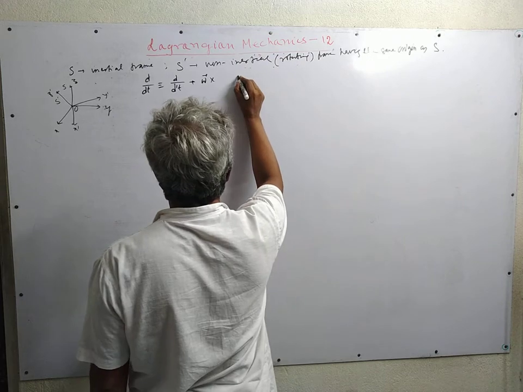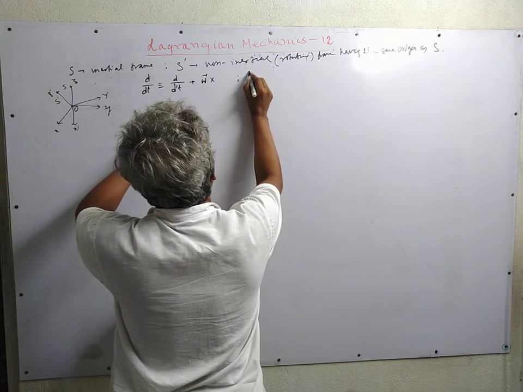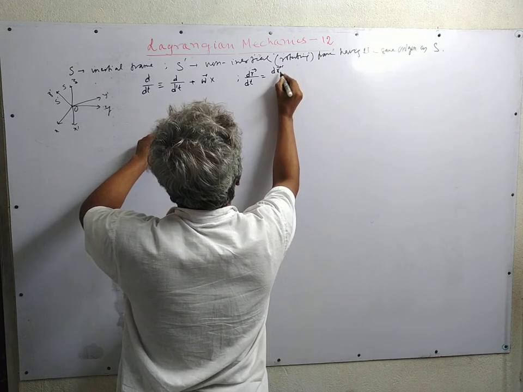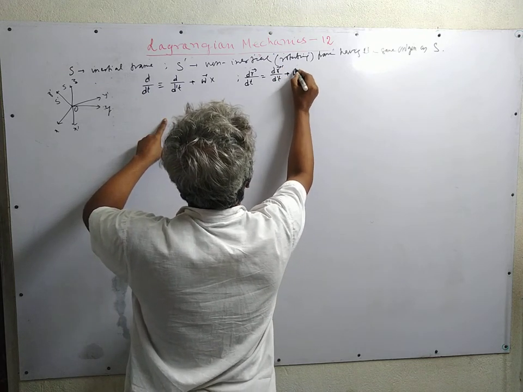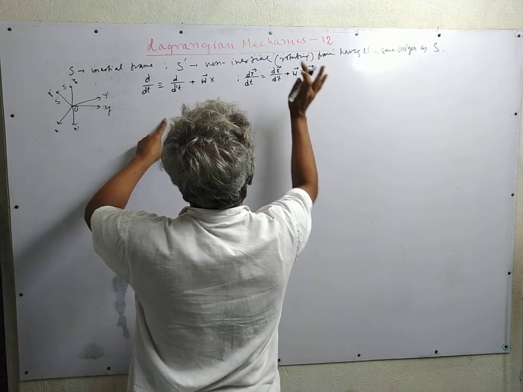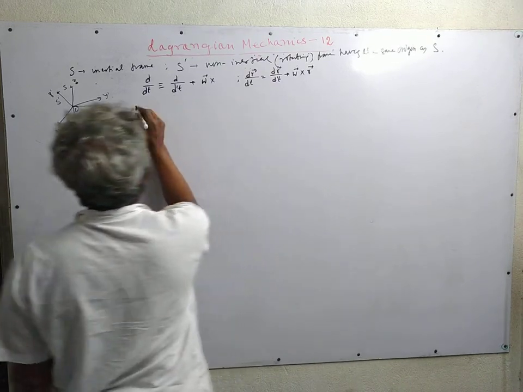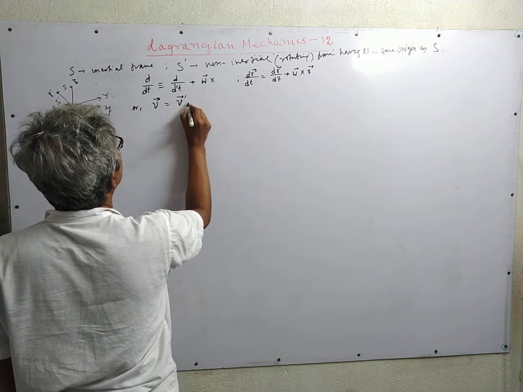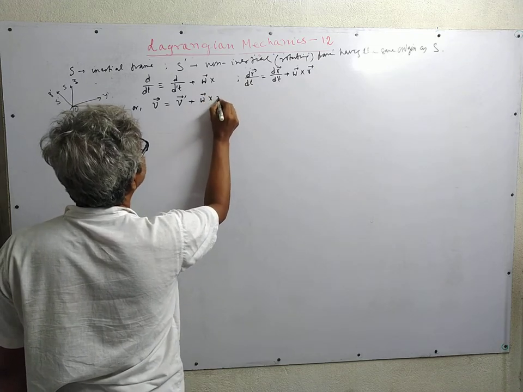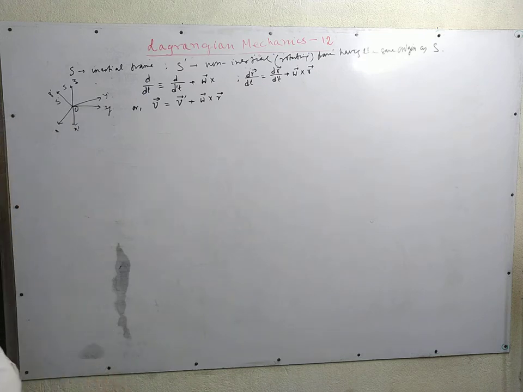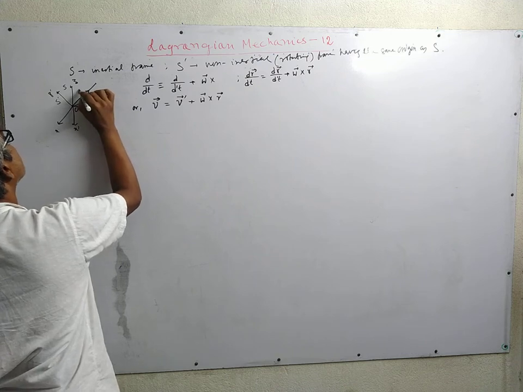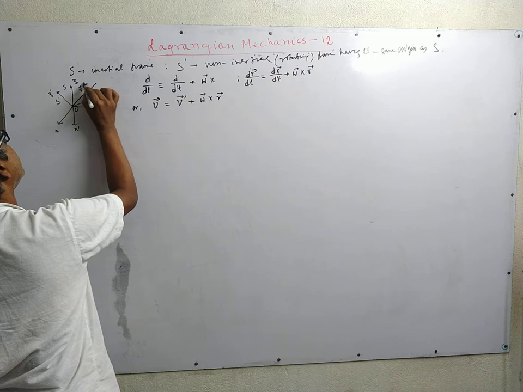So if we write the quantity to be R, we get V, the velocity of a particle as viewed in the S frame, is V prime, the velocity in the prime frame, plus omega cross R. Since both coordinate systems have the same origin, if we consider any point P, the position vector of the particle is R when viewed in the S frame, and it is also R prime.